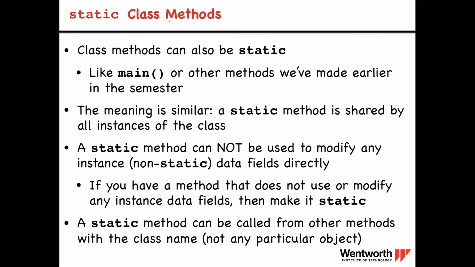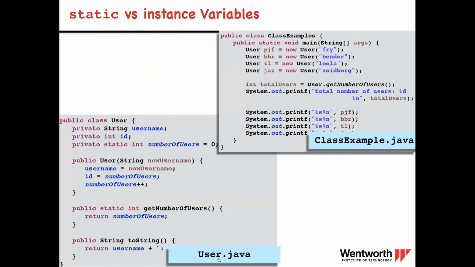The next slide is a slight variation on those users. We still have the same situation in our constructor here. Username changes, number of users goes up, so we create all those objects: Fry, Bender, Leela, and Zoidberg. But I added a method in here. It's a static method called number of users.